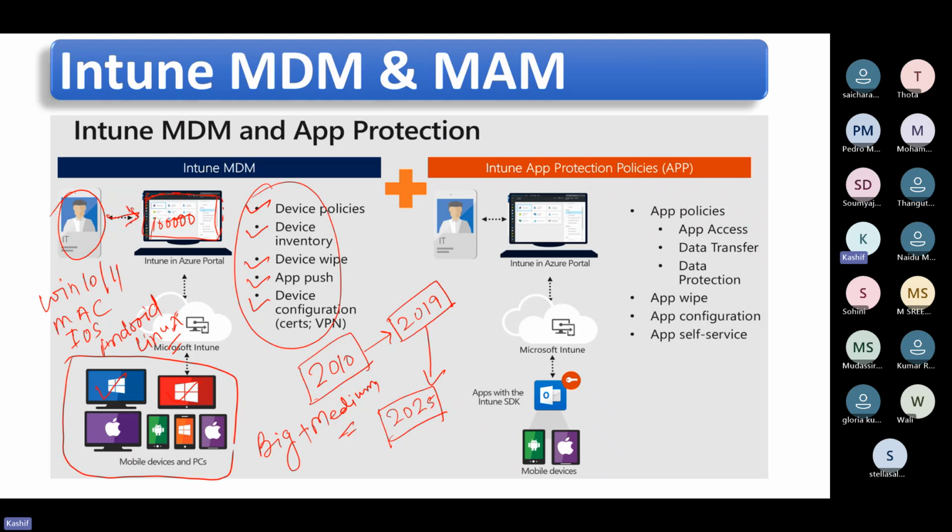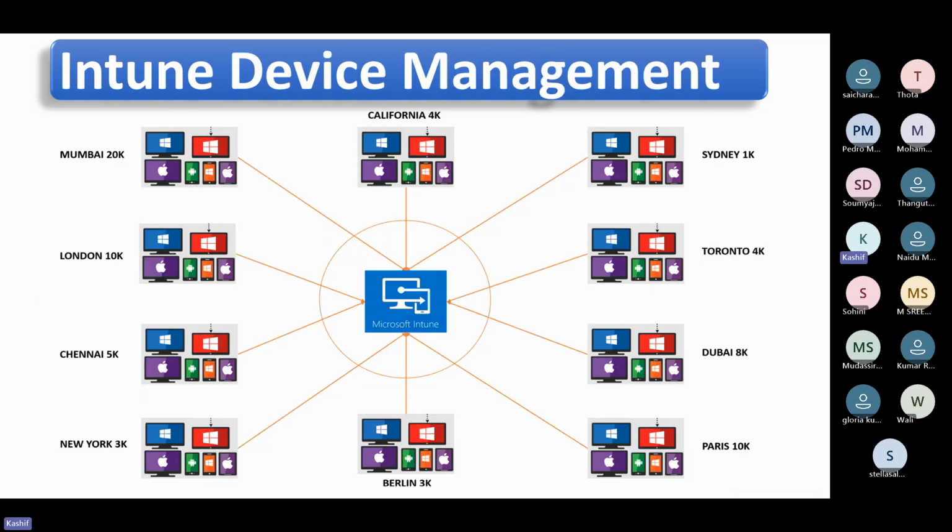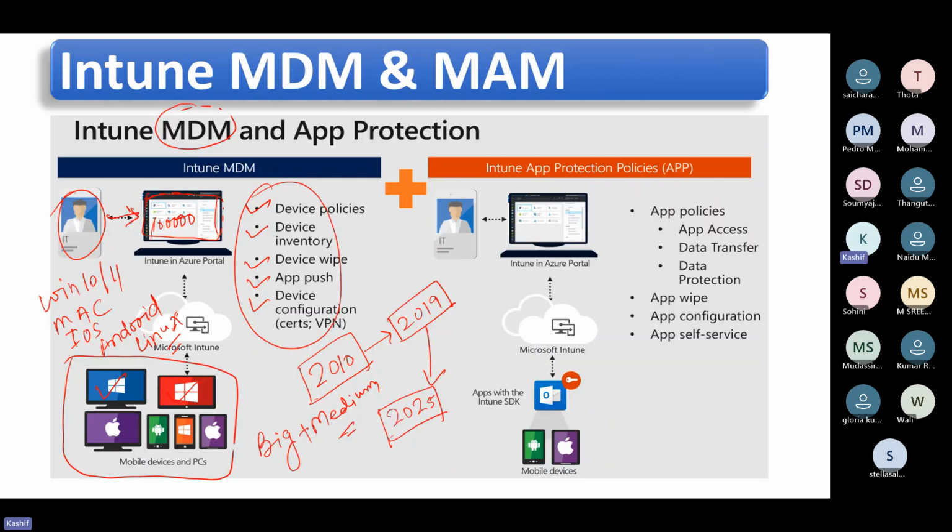Similarly, Intune can also do mobile application management. So you have MDM and MAM, mobile device management and mobile application management. You can manage applications inside the devices. For example, Outlook. You can create a policy for the mobile application: copy paste not allowed, screenshot not allowed.